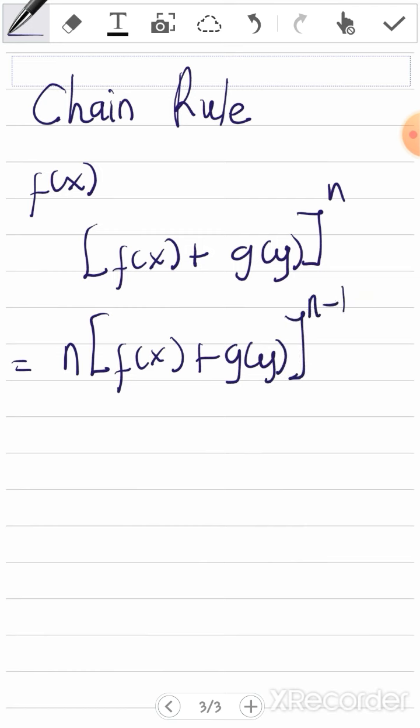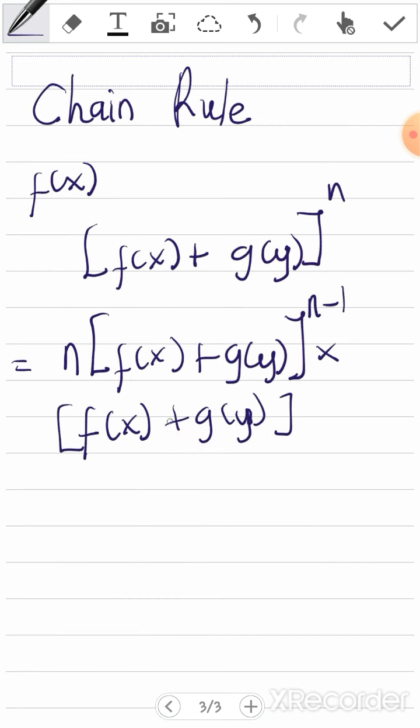From the power rule, we remember this: you multiply the n by the whole function raised to the power n, then you subtract 1 from the n, that's the power. Then you multiply by the derivative of these functions, f of x and g of y, all differentiated.